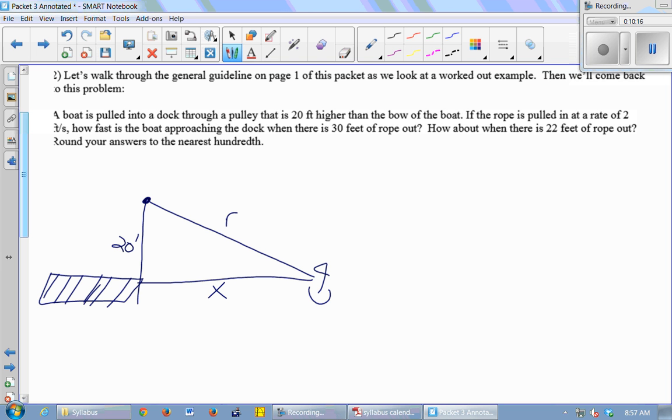So I'm going to leave it as a variable for now. Okay, so let's see, what do I know? And what do I want? Now that I have a picture of what's happening, what do I know?